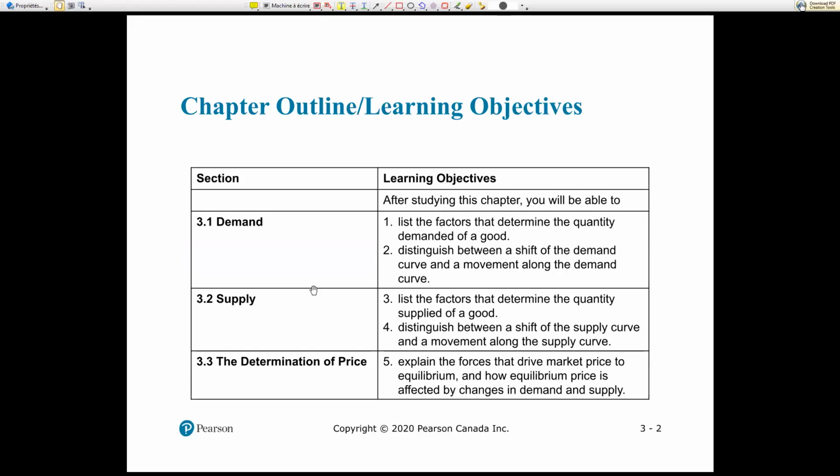All right, so what we're going to see is what is demand, what is supply, what is the determination of price, and pay good attention, because you're going to avoid a lot of pitfalls if you really look at this carefully.